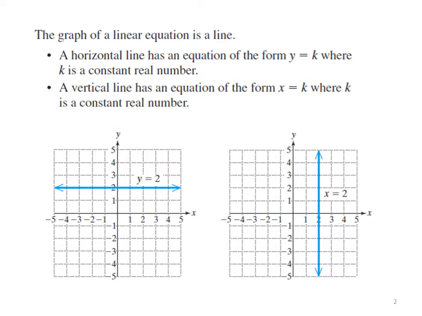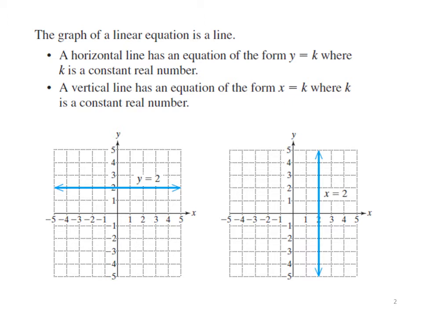Now there are special cases for the line. One is the horizontal line. In a horizontal line, all the y values are fixed. The y does not change. But the equation in this case will have the form y equals k, where k is a constant.